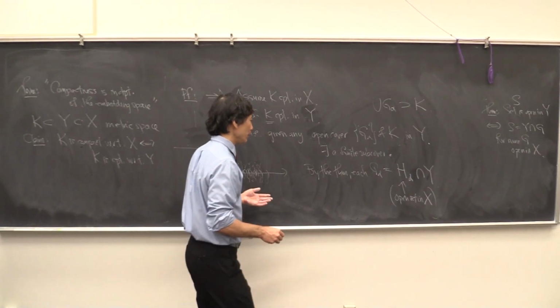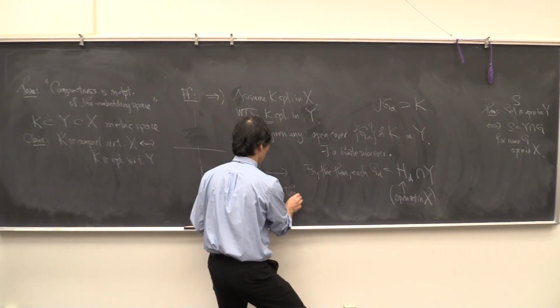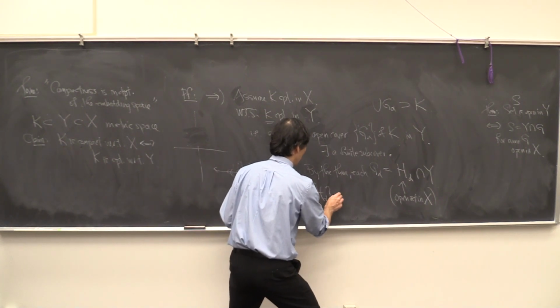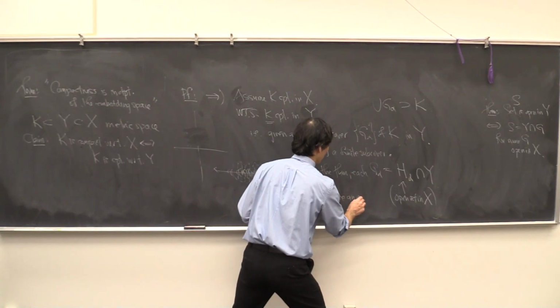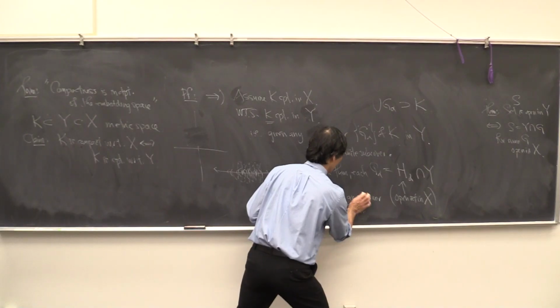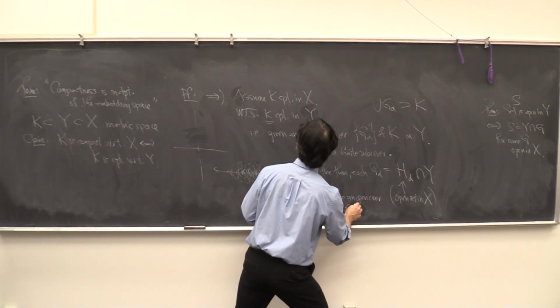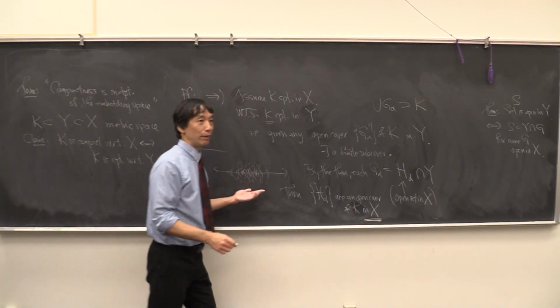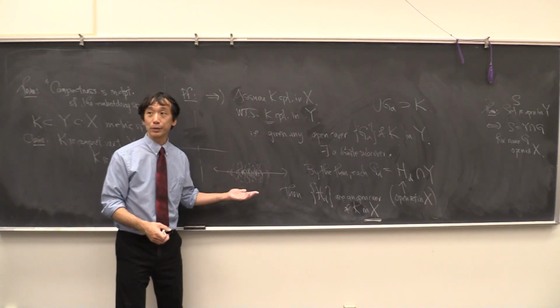But then the H alpha are an open cover of K in X. So now we've got an open cover of K in X.